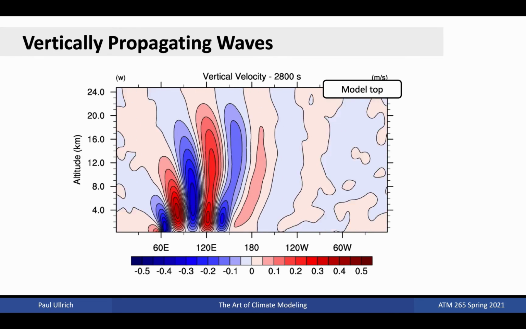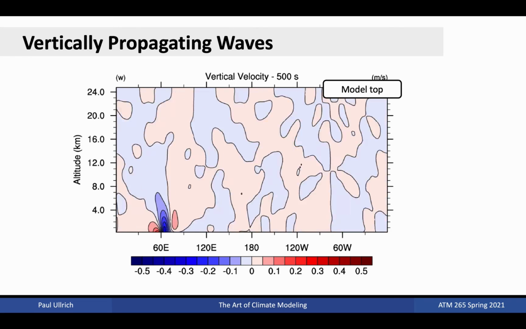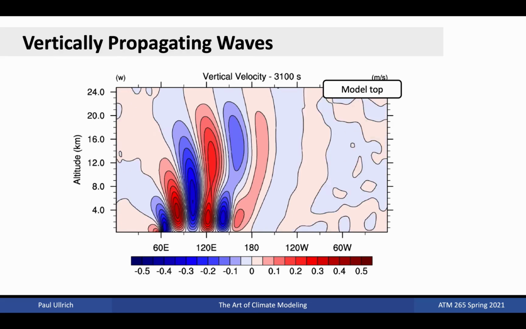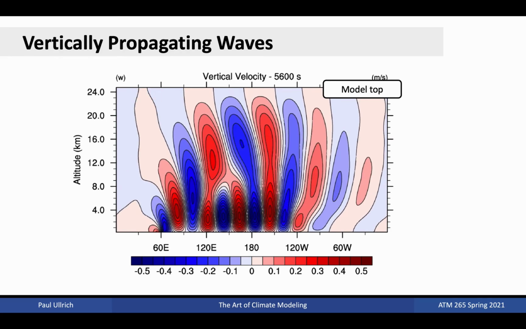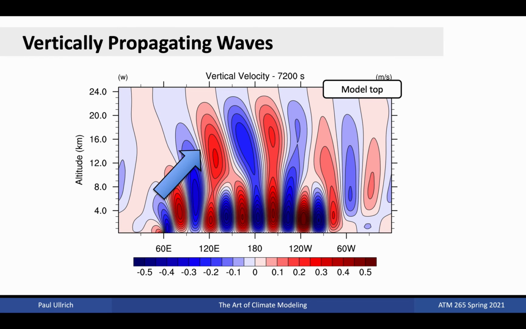Vertically propagating waves can be reflected by the rigid upper boundary condition at the model top and propagate back to the surface. This animation shows vertically propagating waves generated by a small bump along the surface. Although completely unphysical, reflected waves can have an influence on meteorological patterns in the troposphere.